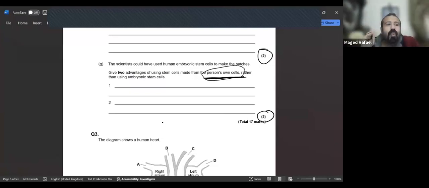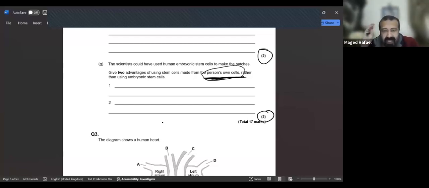So cells won't be rejected because you are taking cells from the body and there is no risk of damage to embryo. And there is no ethical issues in using person's own cells.